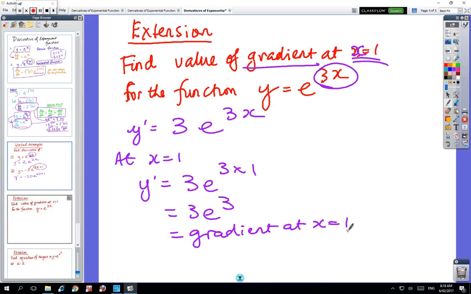Now this is a number, because e's just a number, and then e cubed is another number, so it's a value. It's going to be a messy decimal, but that's what the value is. Okay, copy that and come across.